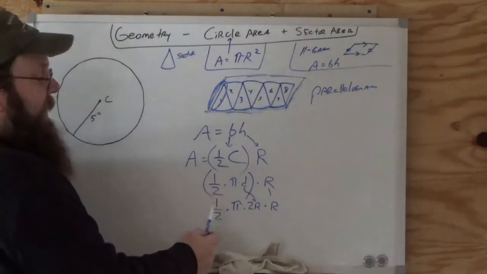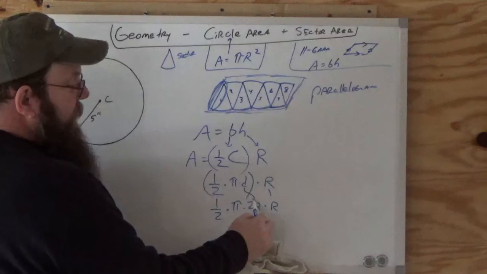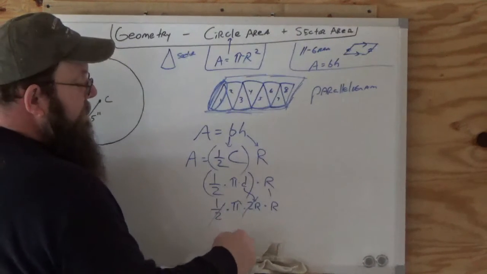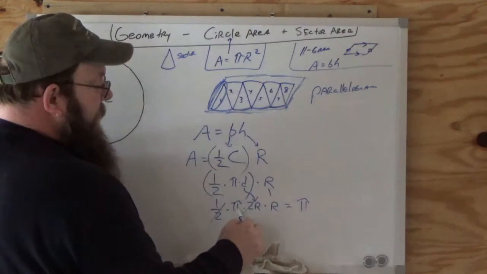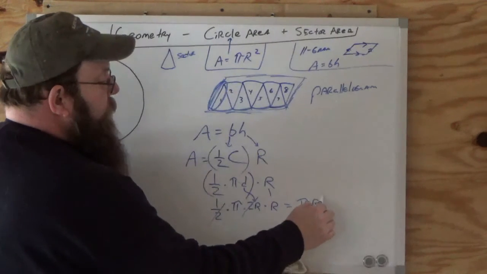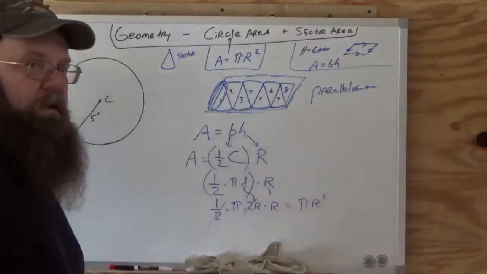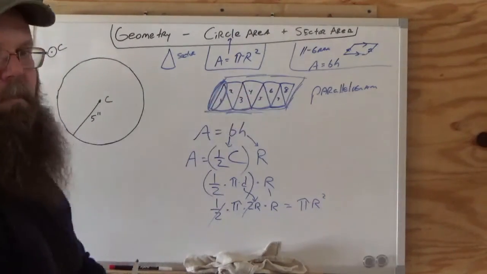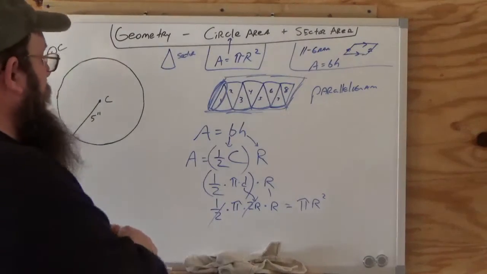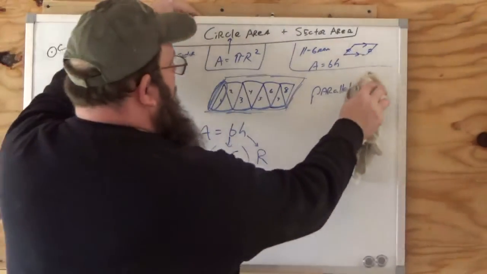Well, 1/2 and 2, guess what? Cancel. Pi, there's my pi. What's r times r? R squared. R times r is r to the second power. That's where we get pi r squared from. It's very simple, by slicing up a pizza. Okay? So, let's get back to here.